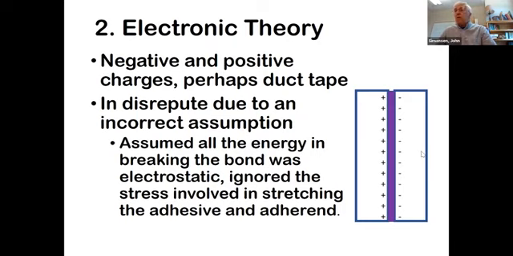So you have some energy that's absorbed by the substrate itself, and he didn't account for that. He assumed all the energy came from these electric particles. And it doesn't work that way, right? So this theory is pretty much in disrepute, but it still gets listed in the textbook.